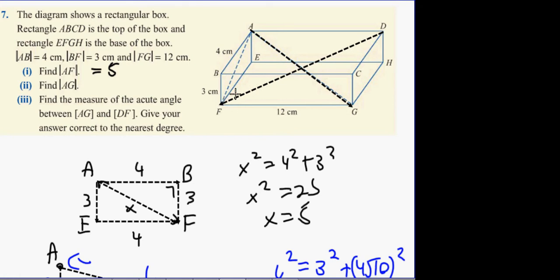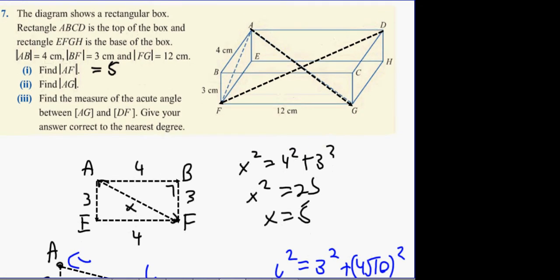Now, this is something that's a bit more difficult. Can we mark in the sides that we know already? What sides do we know? We know that A to G is 13. Therefore, DF must also be 13.